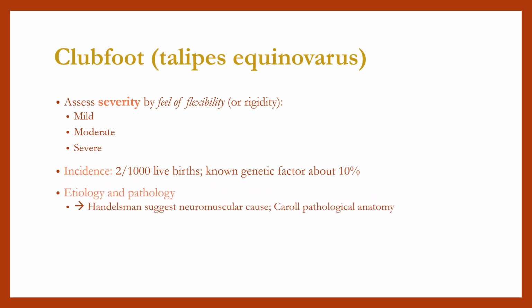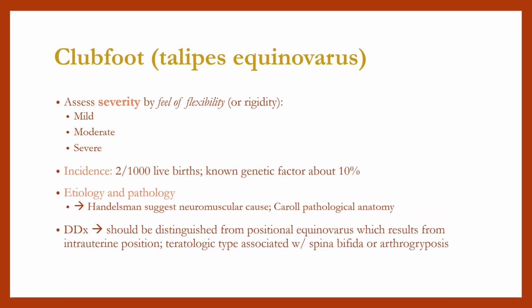The etiology and pathology studies suggest neuromuscular causes or abnormal pathological anatomy. The differential diagnosis should distinguish it from positional equinovarus, which results from intrauterine position, and the teratologic type associated with spina bifida or arthrogryposis.